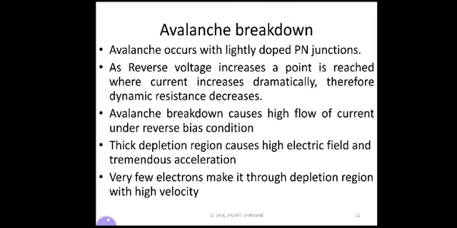a junction breakdown occurs which leads to a heavy flow of reverse current through the device. This is because as the magnitude of the reverse voltage increases, the kinetic energy of the minority charge carriers also increases.